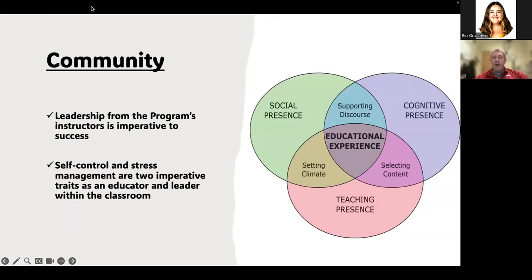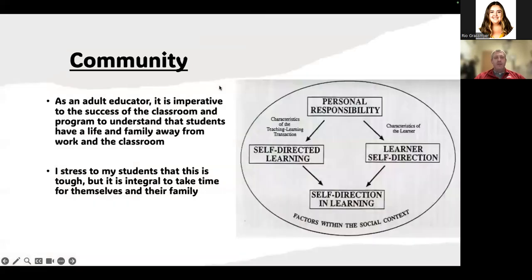So we see we have cognitive presence, teaching presence, and social presence, and then we get a little bit smaller here to supporting discourse, selecting content, setting climate, all comes to the educational experience. Our students depend on us. Can they do it alone? Most of them, absolutely not. So we give them a good educational experience in a diversified classroom, and we start to win.